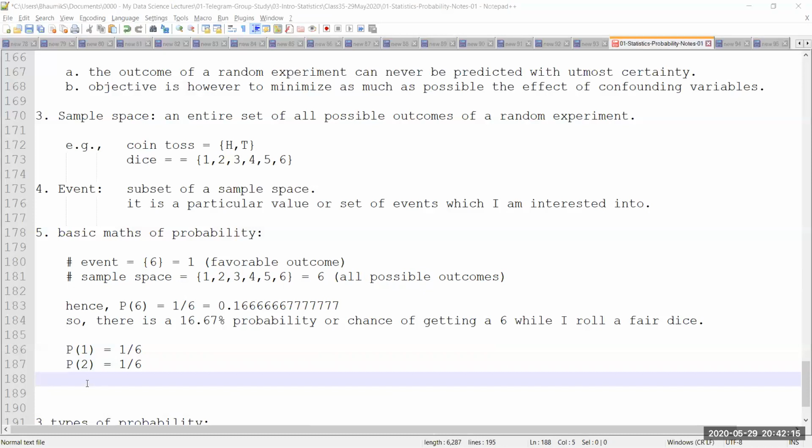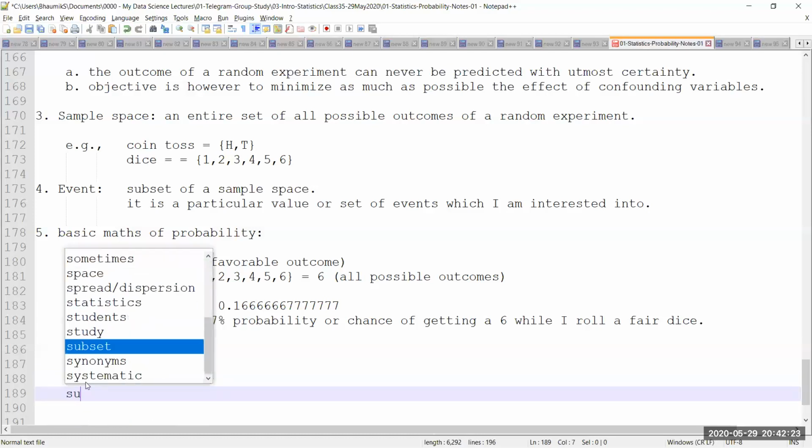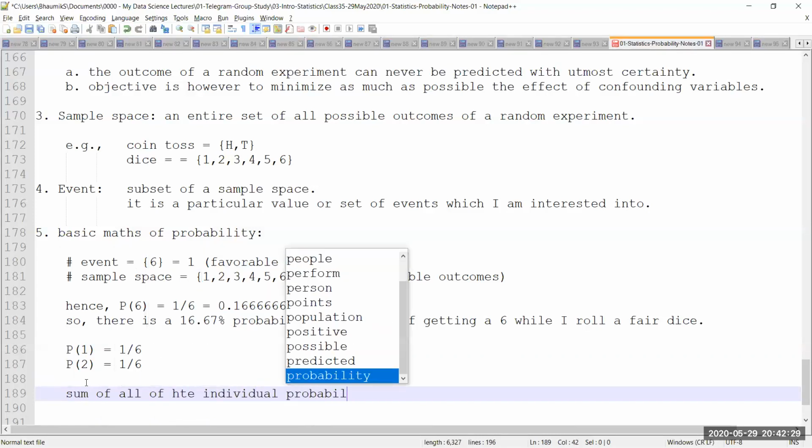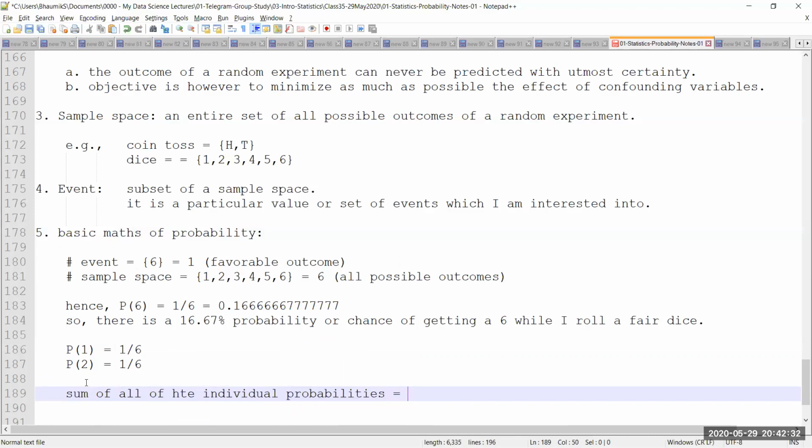So if I take the individual probabilities of each and every one of those events and I do a sum, then the sum of all of the individual probabilities will be equal to 1. Okay, this is a golden rule. This rule is not going to change.